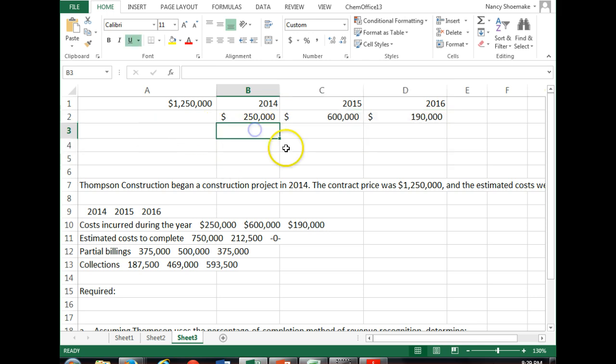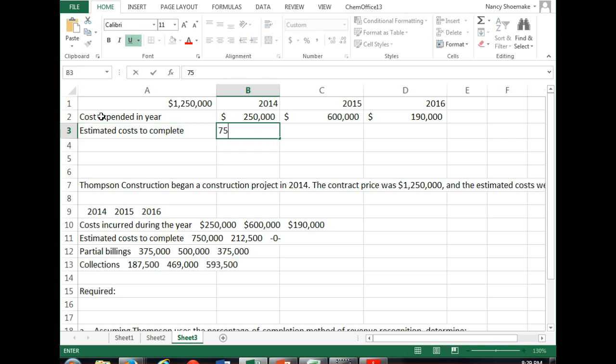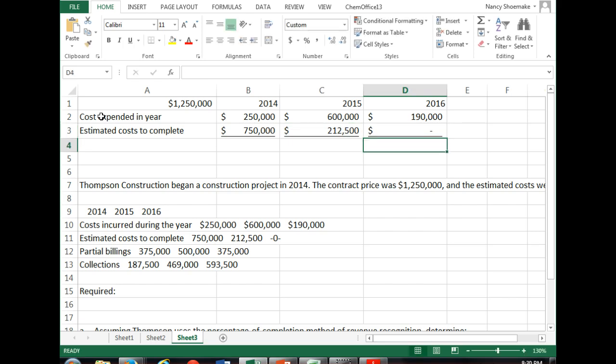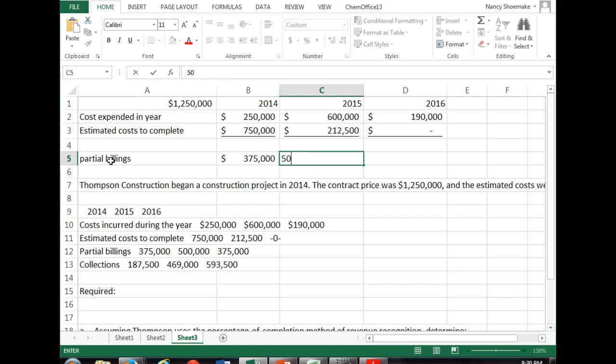Estimated cost to complete, expended in year. The estimated costs to complete are $750,000, $212,500, and $0. Then we have partial billings of $375,000, $500,000, and $375,000.